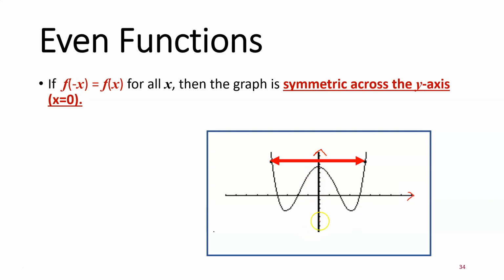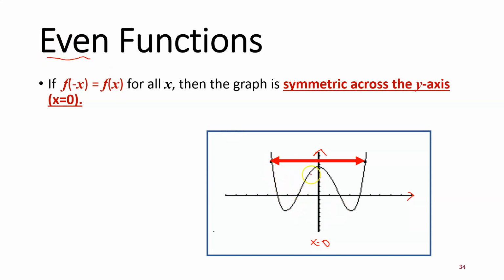So this is actually x equal to 0. So dia kata dekat sini, if you have a function, the function of negative value of x akan sama juga dengan function of positive value of x. That one we call an even function.